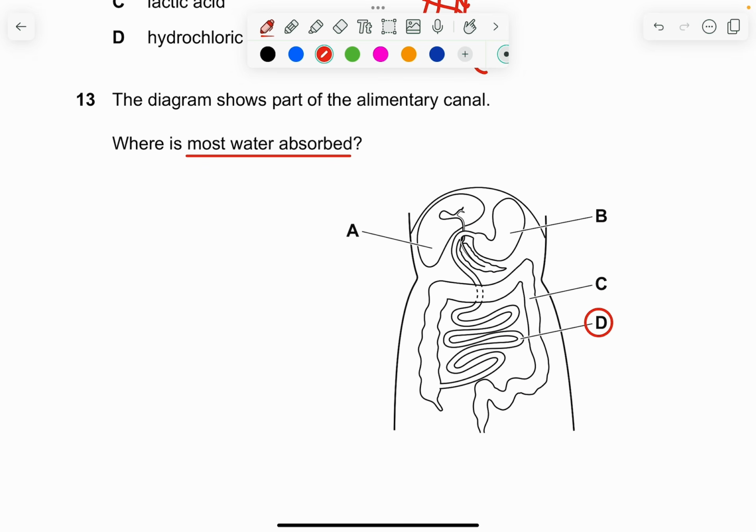Large intestine does absorb water, but the volume of water being absorbed is more in the small intestine than the large intestine. So that's important, that you should know that the small intestine absorbs a high amount of water, and the large intestine only a smaller amount of water.